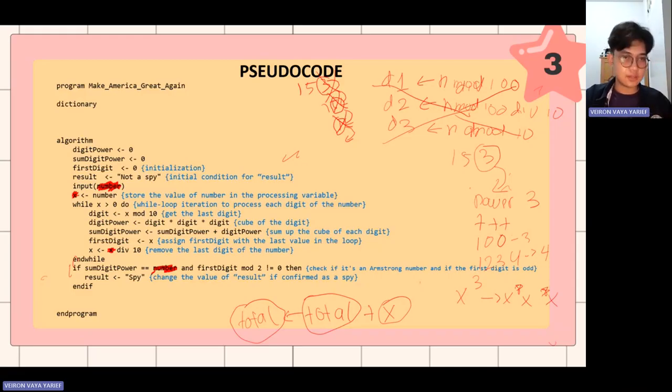Do the tracing. Trust me. Sum of digit powers equals number. So we need to keep the number as our real input and make a copy of it, and the copy is the one that we need to process. That's for the if condition for Armstrong. So if the sum of digit powers equals number, then it is an Armstrong.